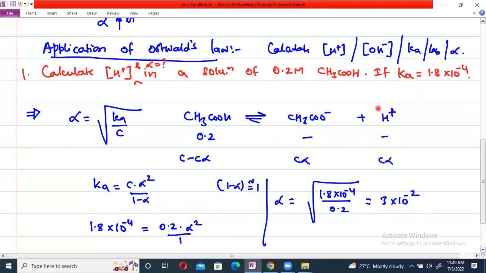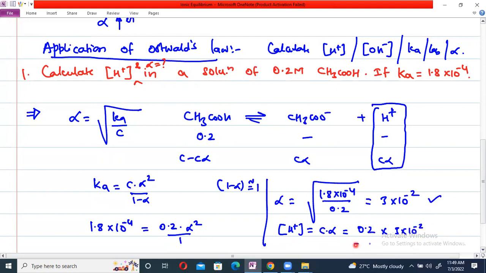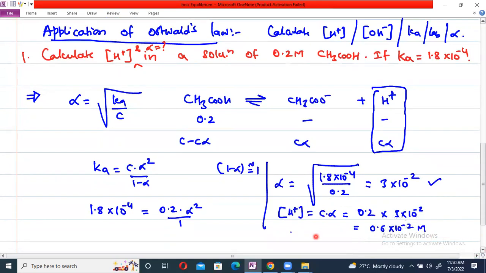But you know, concentration of H plus ion is equal to C into alpha. As we got the alpha, now we can say concentration of H plus is C into alpha. Value of C is 0.2, alpha is 3 into 10 to the power of minus 2. So it becomes 0.6 into 10 to the power of minus 2 molar, the concentration of H plus ion. So we got the concentration of H plus ion as well as alpha.